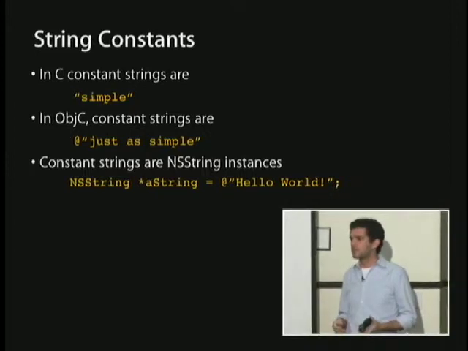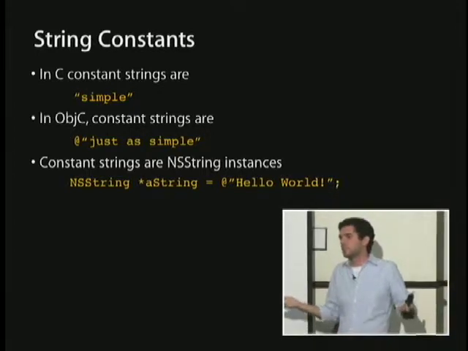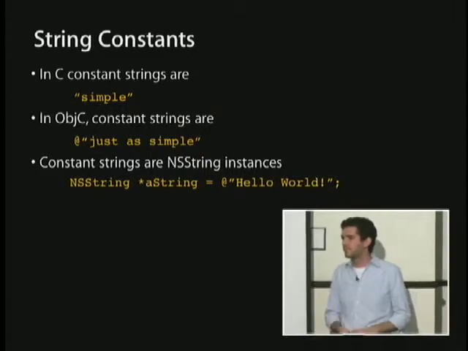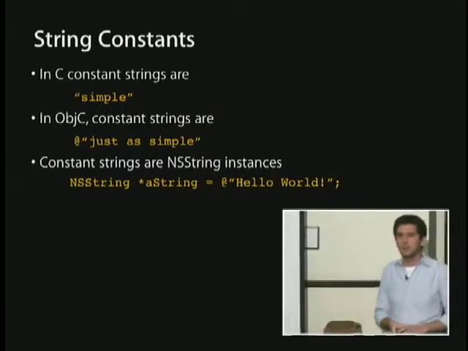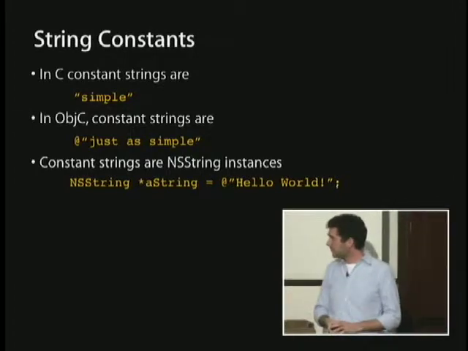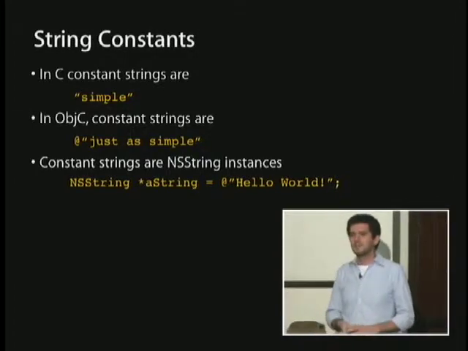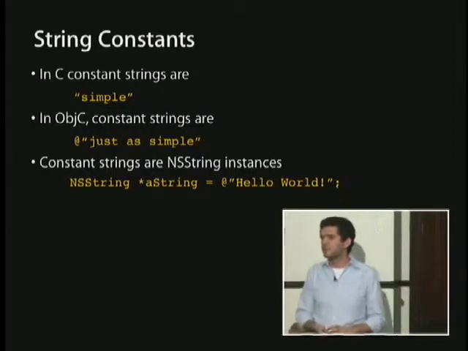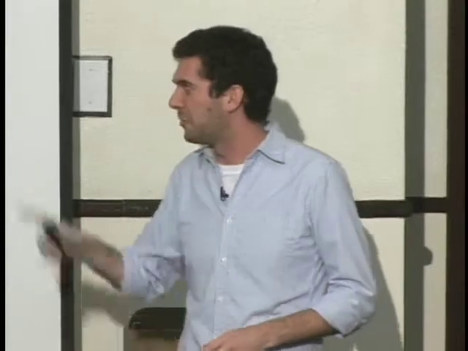They're constant strings, so they're actually in the data section of your executable. So there's no reason that you'd ever deallocate them. They're on disk. It's just that at runtime they look like real objects. So if you're trying to debug some memory things and you're looking at your constant strings and trying to figure out why they're not going away, well, they're never going to go away because constant strings don't get deallocated.